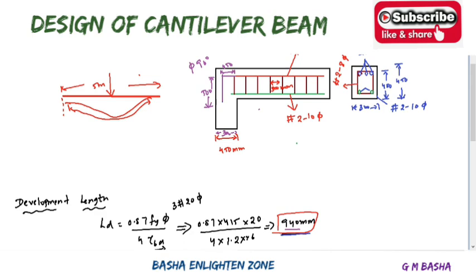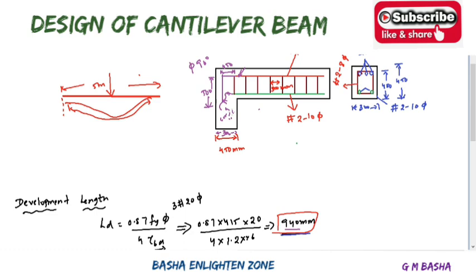This development bar is the length of the bar required to transfer the force in the bar into the surrounding concrete. This is called the development length.